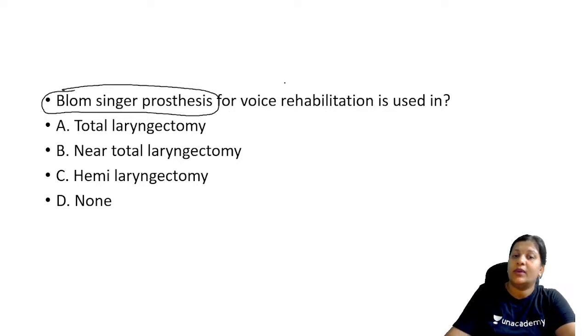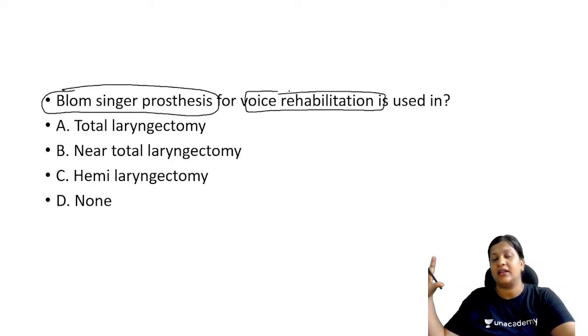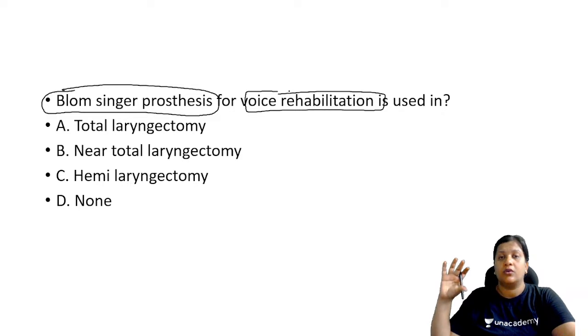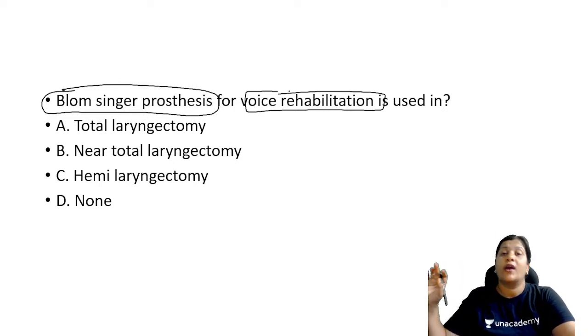See, whenever we have to do voice rehabilitation, there is a general rule. If any part of the larynx, any structure in the larynx, is left behind after surgery, that can still vibrate and can be used to produce voice. So until you do a total laryngectomy where you remove all the components of the larynx, the voice will be lost and then you have to rehabilitate.